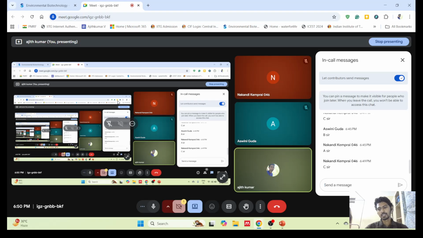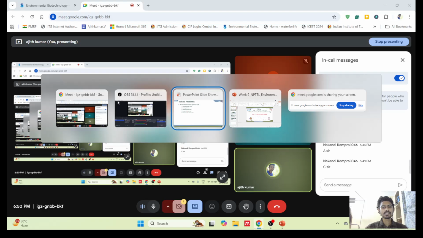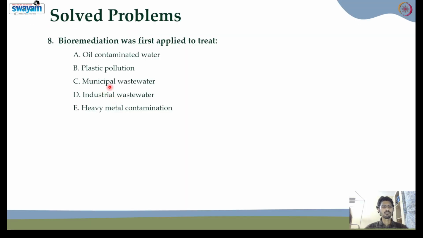Option B. Option C. Okay. Any other answer? Municipal wastewater. Okay. Any other answer? You can go through the question. Bioremediation was first applied to treat.